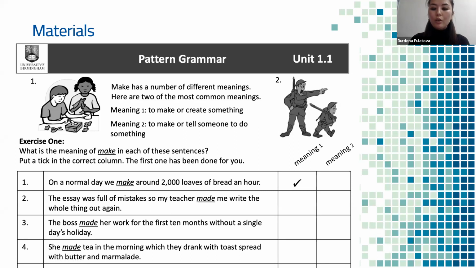In addition to the concordance lines, materials included worksheets from the Collins COBUILD pattern grammar website. The worksheets presented and reinforced the patterns students had already found and then helped them practice those patterns in highly and moderately controlled activities.